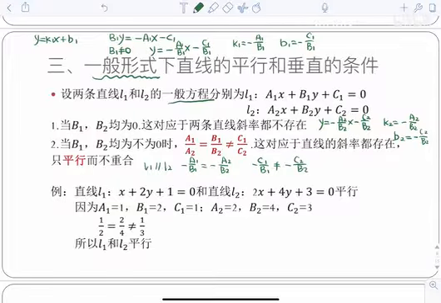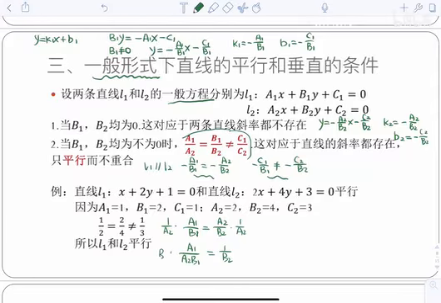So we can change this and this to this. On both sides you multiply by minus 1, so we get A1/B1 and A2/B2. Then you multiply both sides by 1/A2, and it becomes A1/A2 equals B1/B2. So A1 times B2 equals A2 times B1.